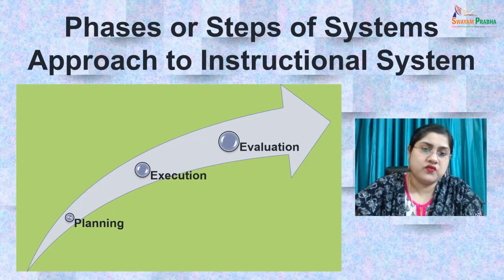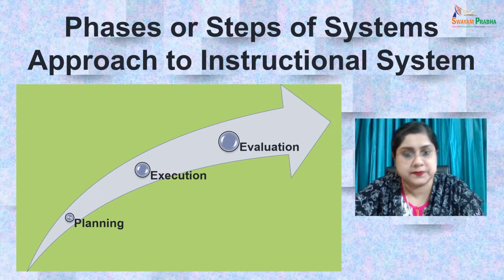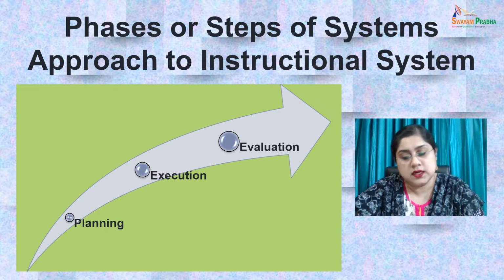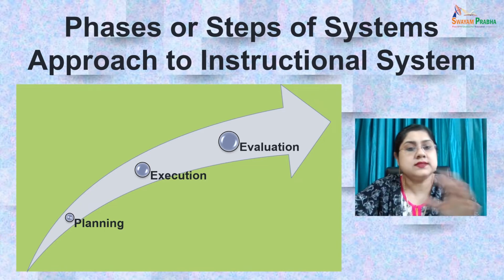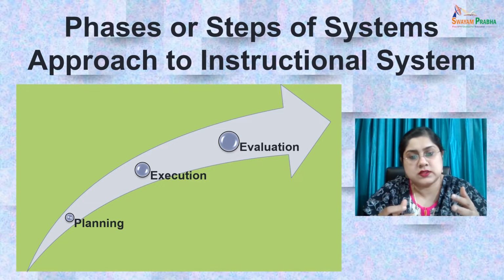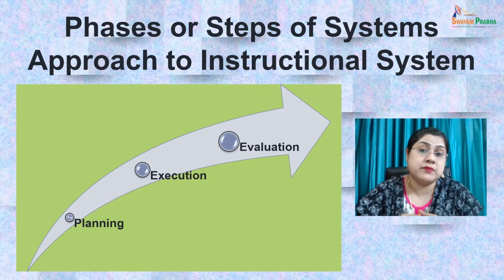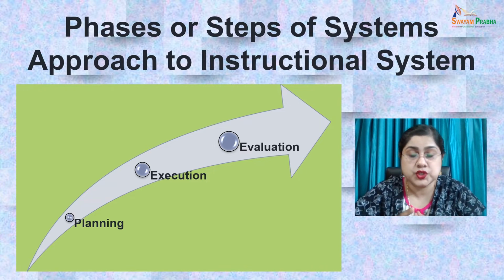Let us now go to the phases or the steps involved in the application of the systems approach in the instructional system. Once the analysis of the instructional system was done, Robb in the year 1973 marked three major phases in the systems approach to the instructional system.